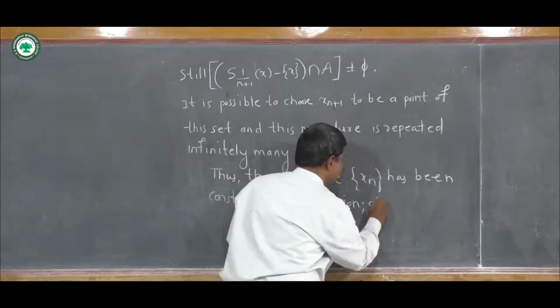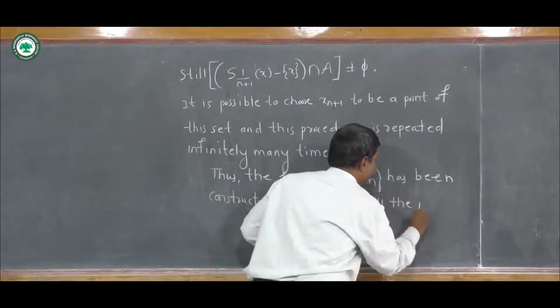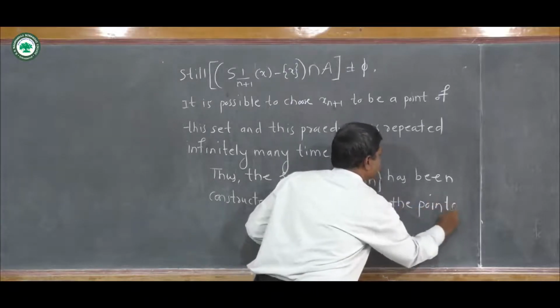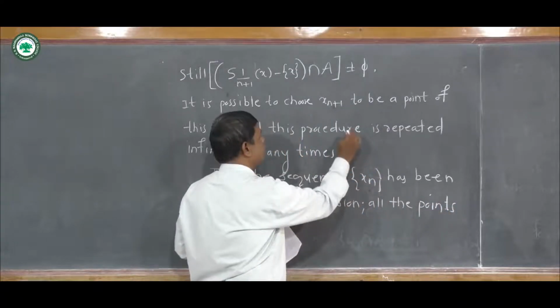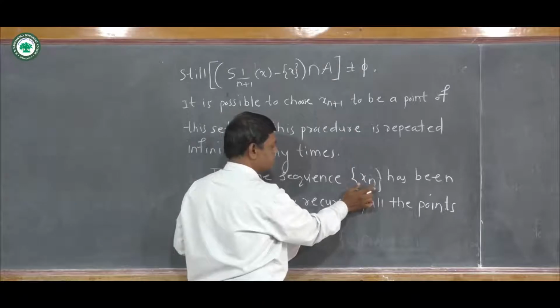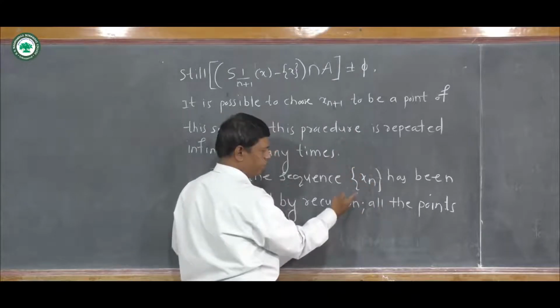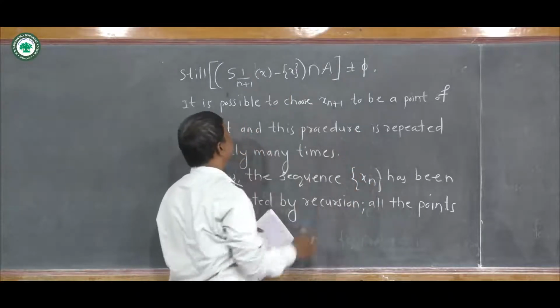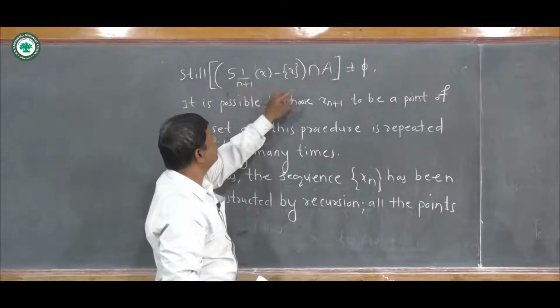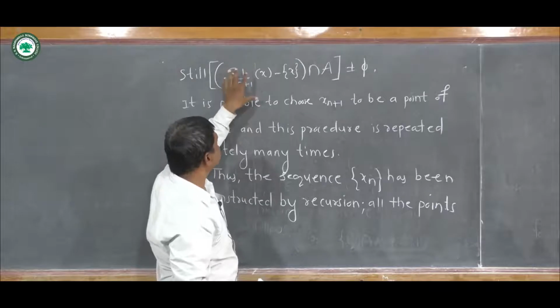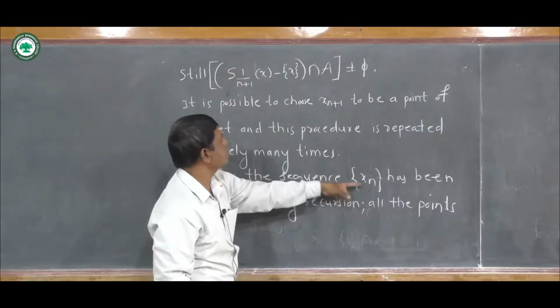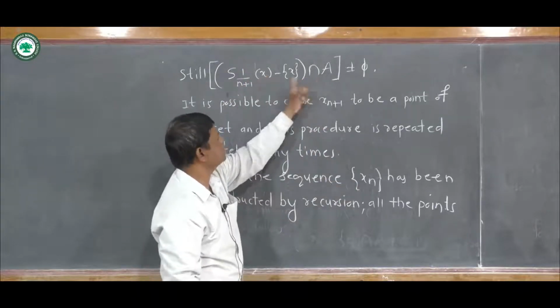All the points. Now here we are writing this sequence xn, but this sequence is the sequence of points of A also, because we are taking this open sphere and this set here. Points of this sequence are now common to these two sets.